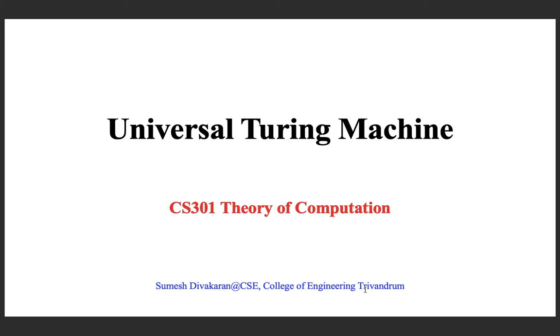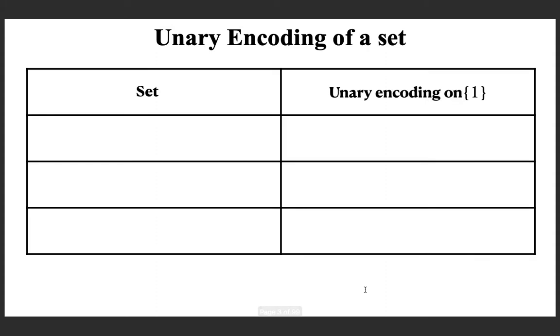Before we see what it is, let us recollect the unary encoding that we discussed for a set. We can recollect it using a sequence of examples. Suppose you have a set and you want a unary representation of its elements on the singleton alphabet 1.